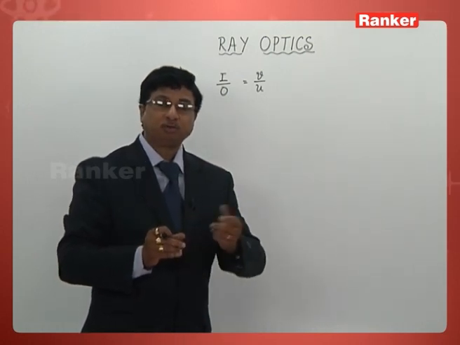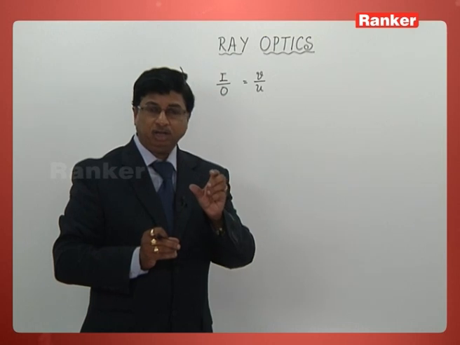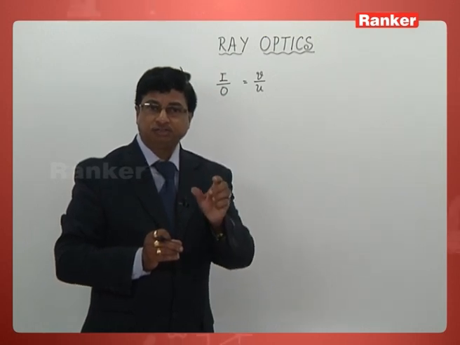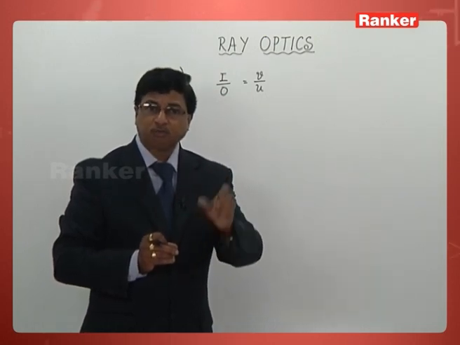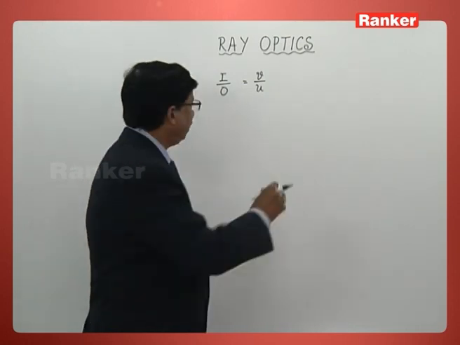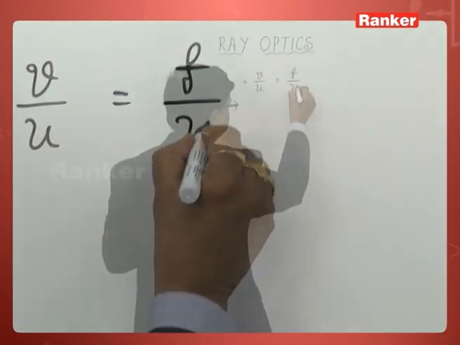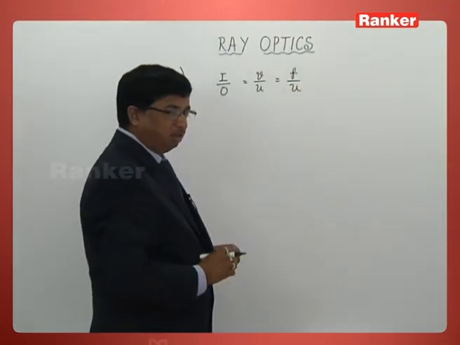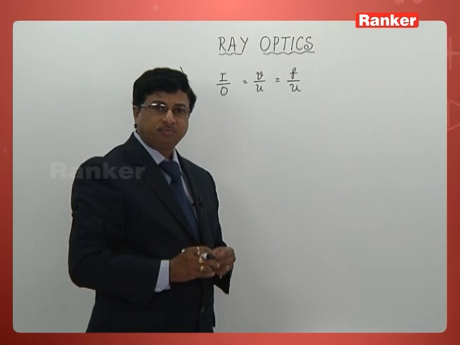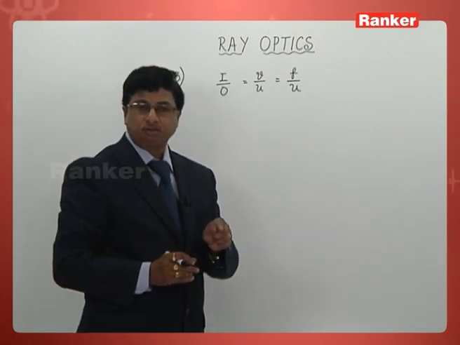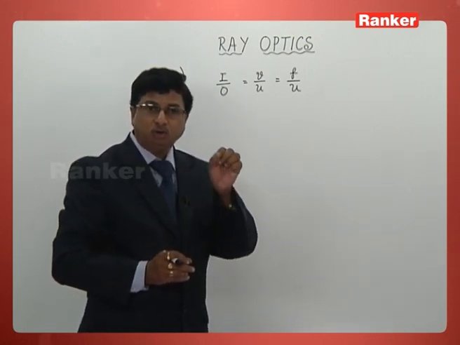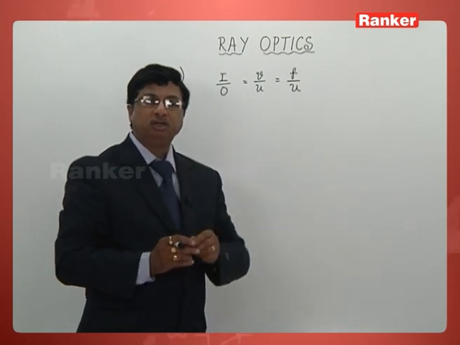So what we should understand? The final image distance is nearly equal to the focal length. So what can we write now here? This V can be written as F, because when object distance is very large, the image distance is going to be very close to the focal length of the mirror.